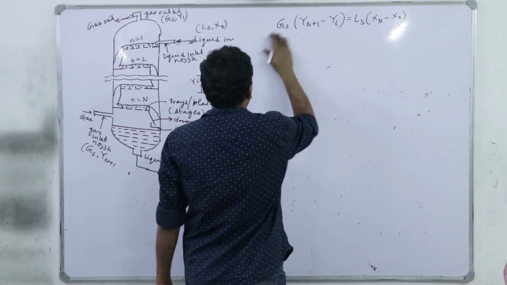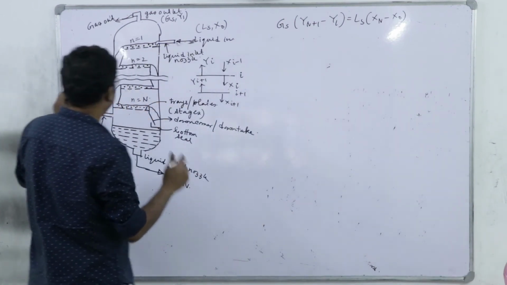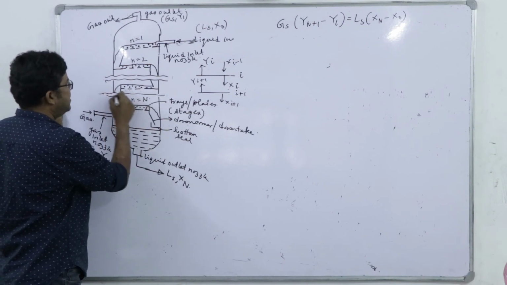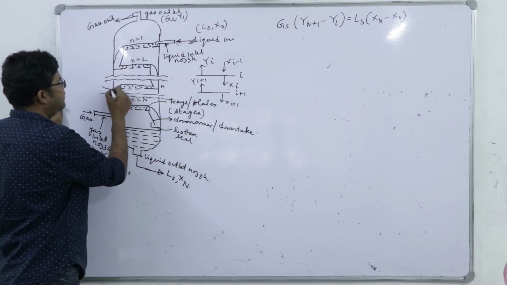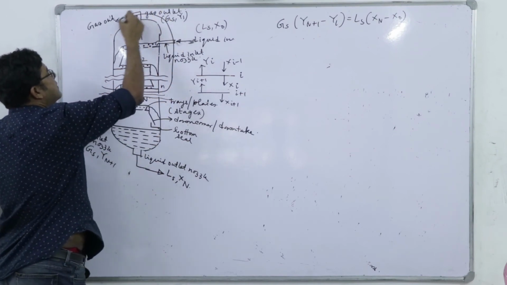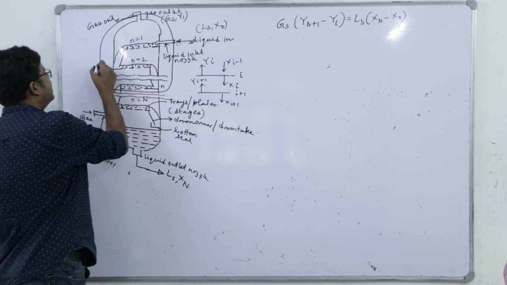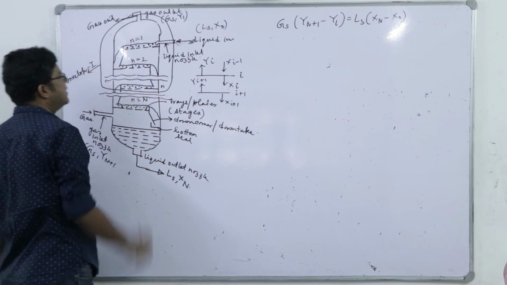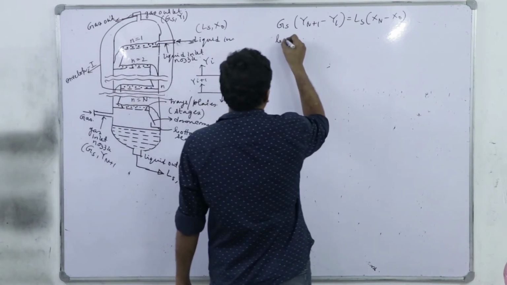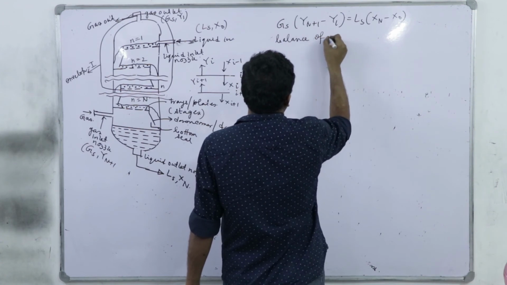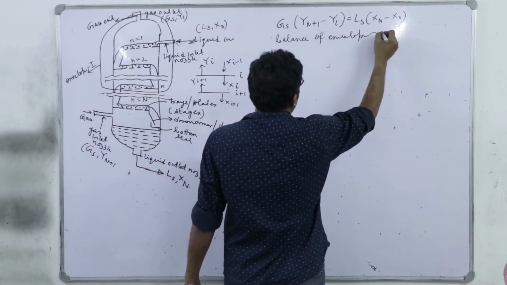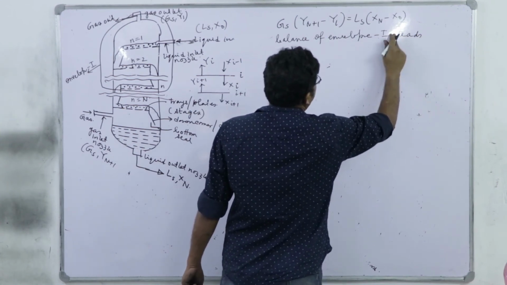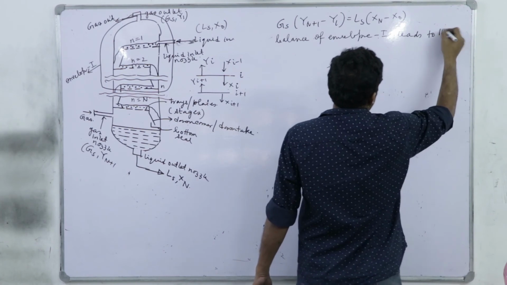And say it's a stage N. So let's use another break line here, and this is stage N. If I have an envelope like this, let's say it is envelope I. The balance over envelope I leads to the following equation.